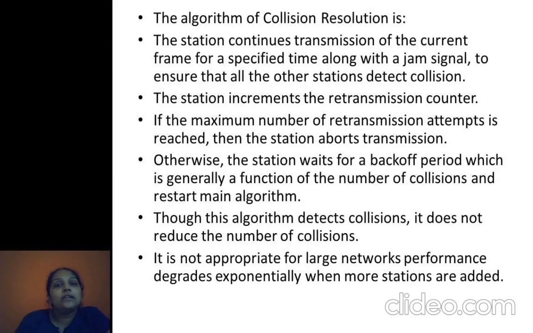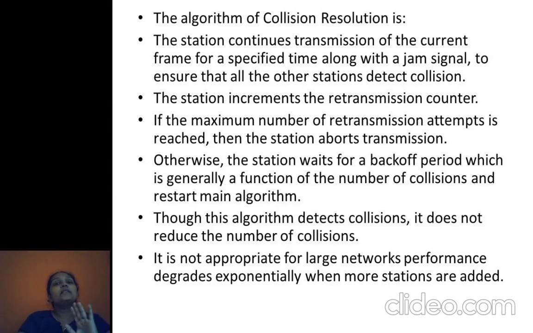Next thing, the collision resolution algorithm. In this algorithm, the station continues the transmission of the current frame for a specific time. It attaches a jam signal to let other channels know that the station is going to send data from sender to receiver side.